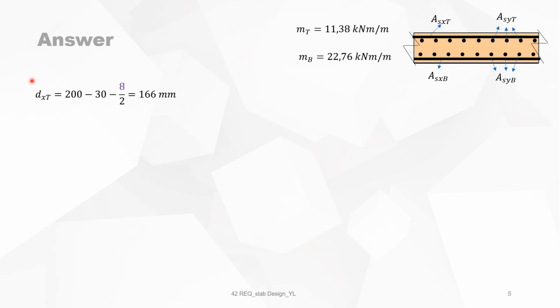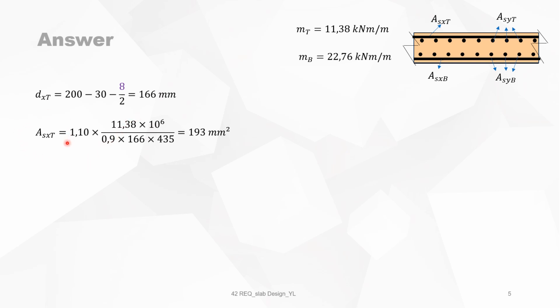For the top, for the first layer of reinforcement, the effective depth is equal to total depth minus cover minus point of gravity of the reinforcement, but we don't know yet what the reinforcement is. Because it's a slab of 200, we will just start with diameter 8, and dHT is then 166 millimeters.